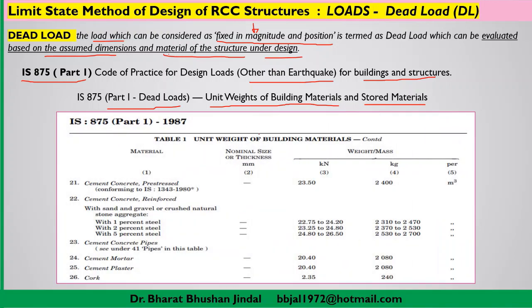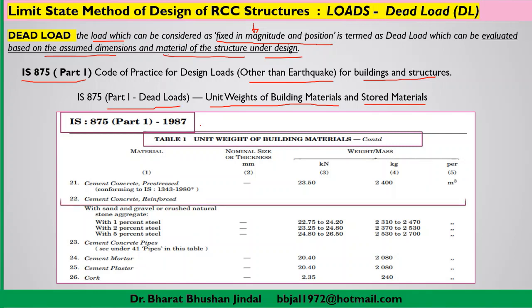Now this is just a snapshot from IS 875 part 1, just to illustrate how we can get the information from the IS code. This is the IS 875 part 1, 1987 version, just for illustration purpose. You can go through Table number 1, which gives the information regarding unit weight of building materials.